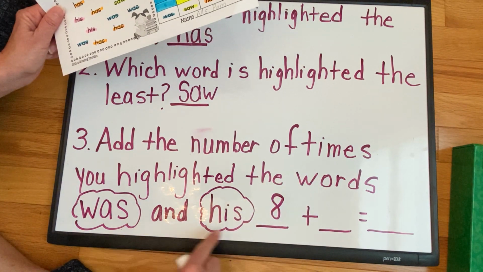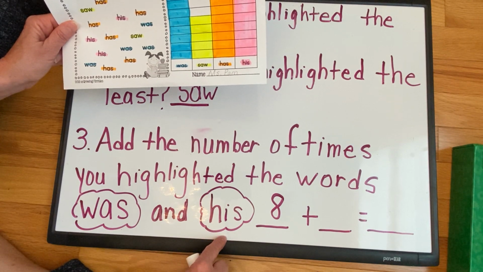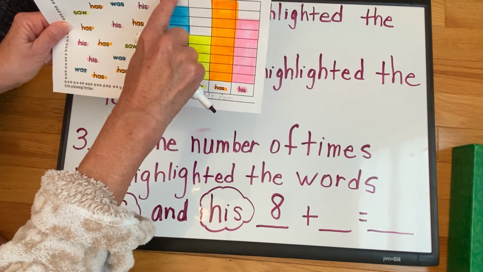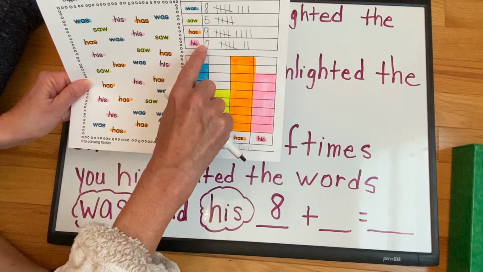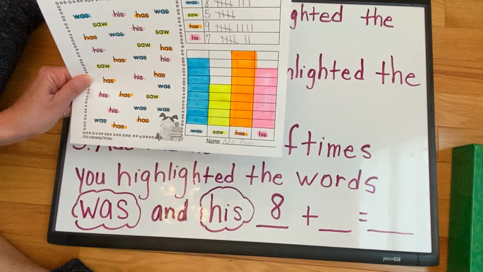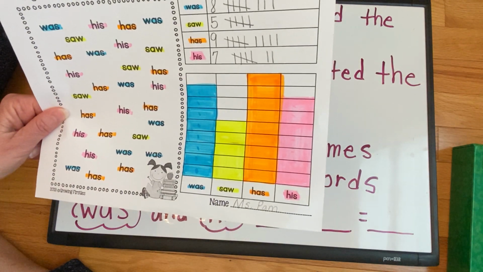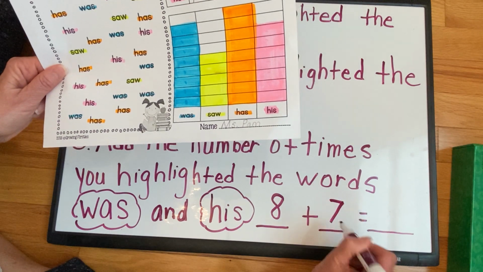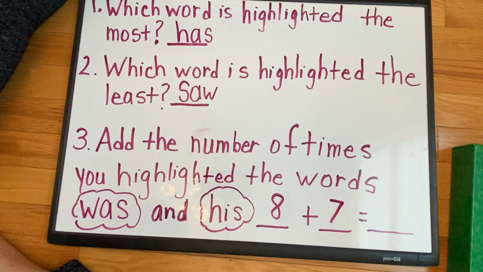Now, the directions say to add the number of times we highlighted the word his. So we got to find the word his either on our tally chart or our graph. How many times do we highlight that word? 7. You're right. So our equation is, say it with me, 8 plus 7.